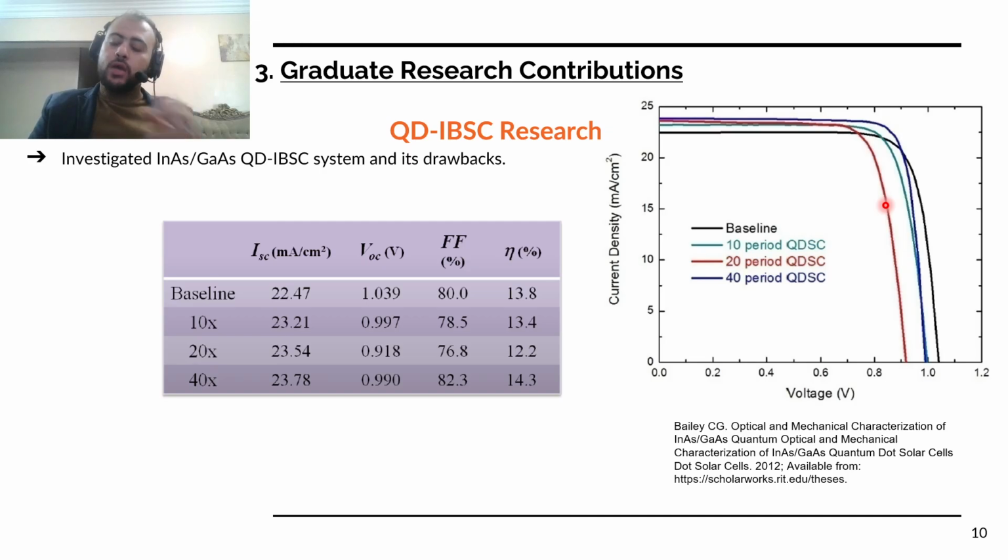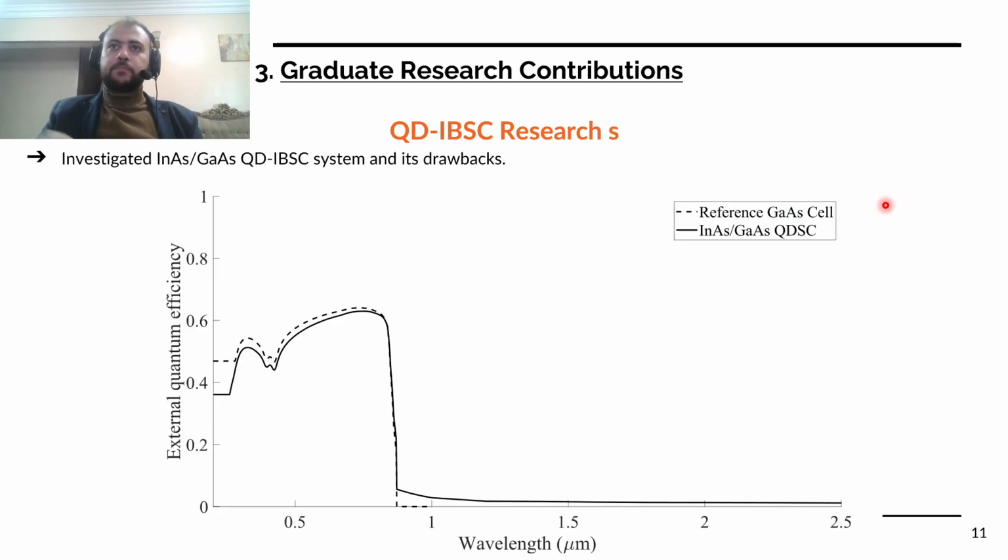So, excuse me, these three reasons mainly participate in the efficiency drop of indium arsenide, gallium arsenide quantum dot solar cells.